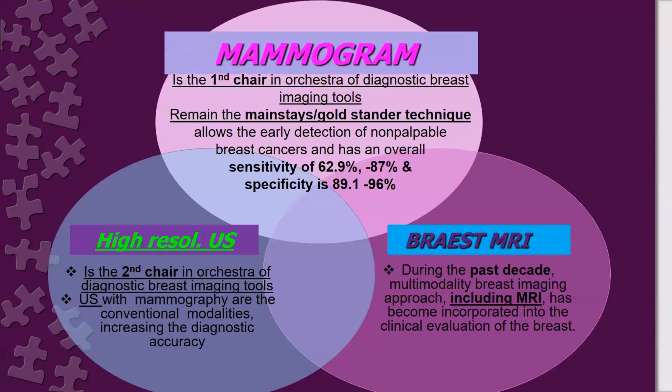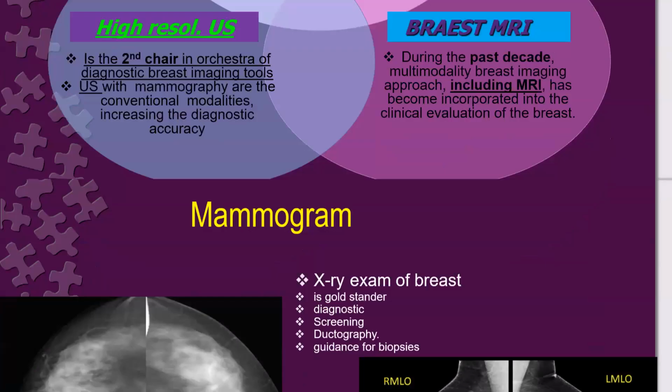As you know, mammography is the first chair in the orchestra of diagnostic breast imaging tools, and it remains the mainstay and gold standard technique. It allows the early detection of non-palpable cancer with a sensitivity ranging between 60 and up to 87% and specificity up to 96%.